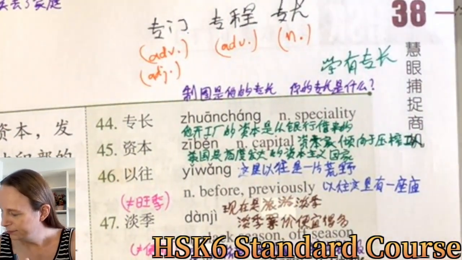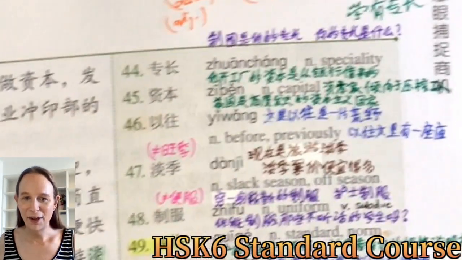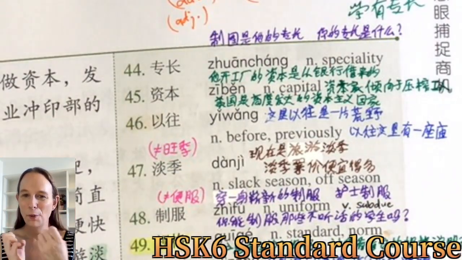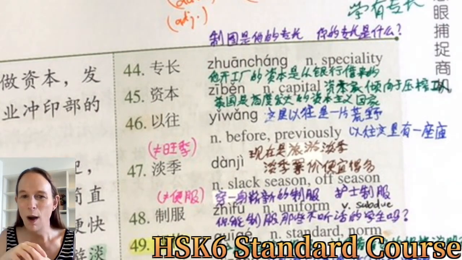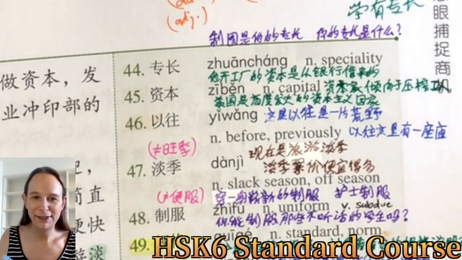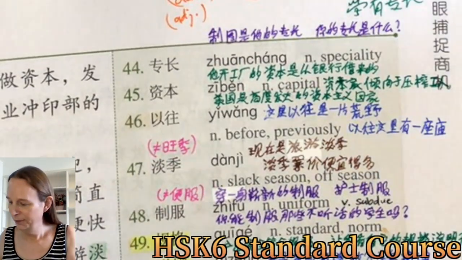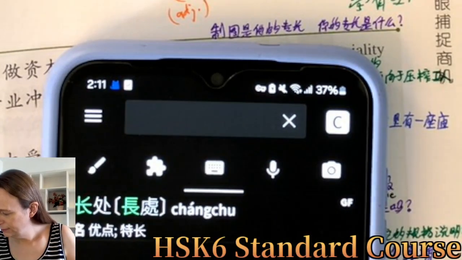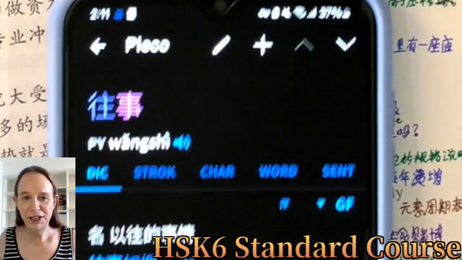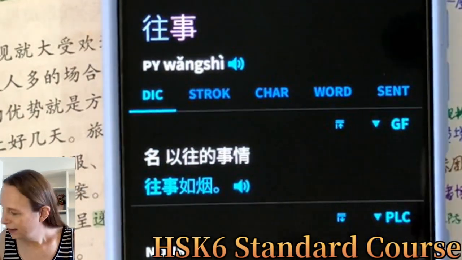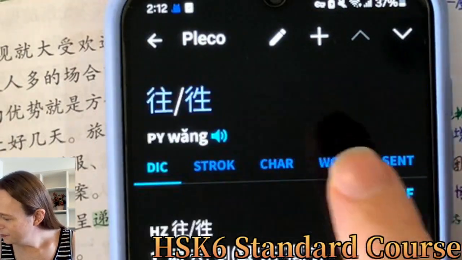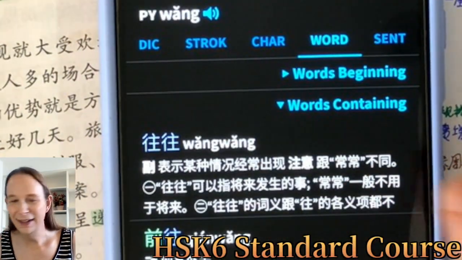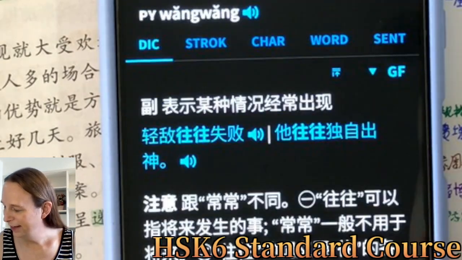以往. Yeah, all right. So 以往 is one of many ways of referring to the past. 往 refers to the past. 往事. 以往的事情. There you go. There's other ones. 往往 is kind of, in normal habit.